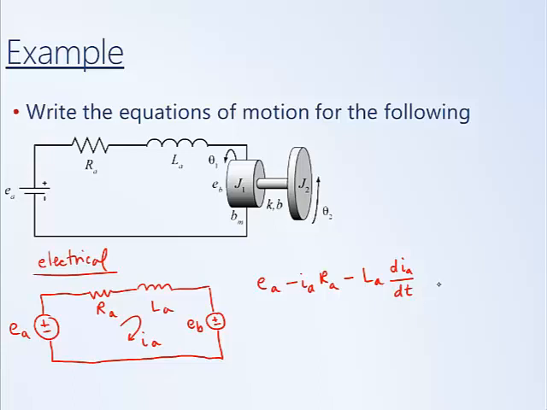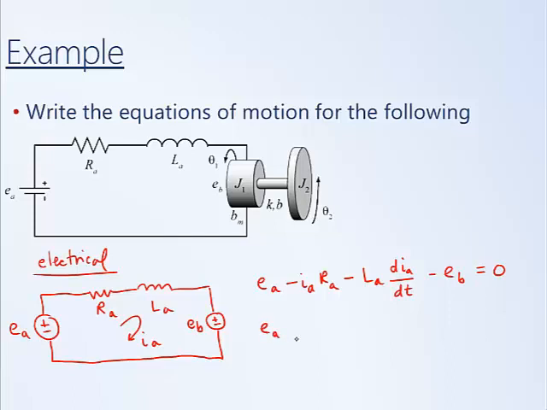And then we'll have the drop due to the back EMF, because the polarity of the back EMF opposes the polarity of the supply voltage. At that point, we're back to where we started, and so the total change in voltage around the loop is 0.